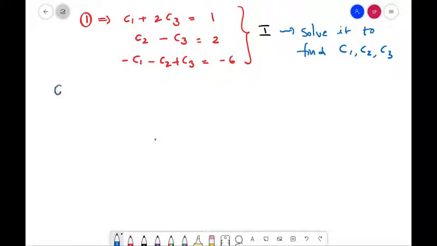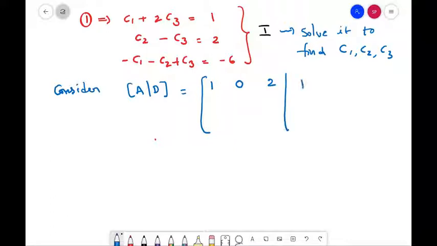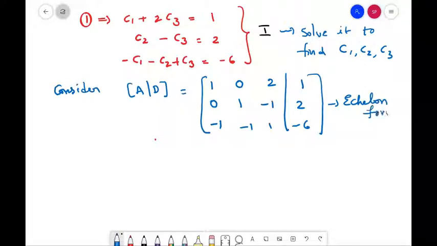So consider the augmented matrix A|b, that is equal to: C1 coefficient 1, C2 is not there, 0, then 2, and then 1; and C1 is not there, it is 0, then 1, minus 1, 2; minus 1, minus 1, 1, minus 6. Now we have to reduce it to echelon form.